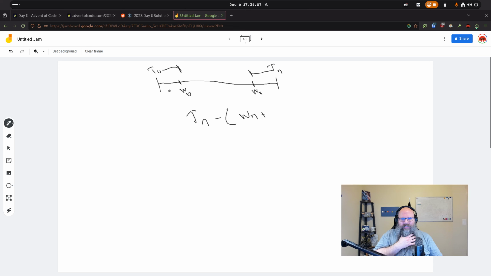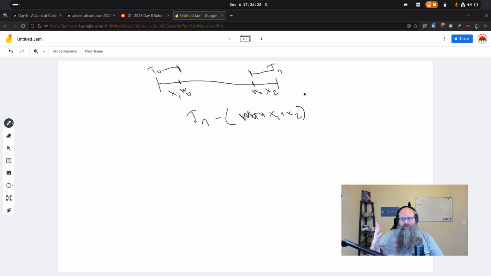Let's say that this is x1 and x2. You'd do Tn minus x1 plus x2. At a high level, that's how it works: I only need to go to here and I only need to go to here to solve the problem.